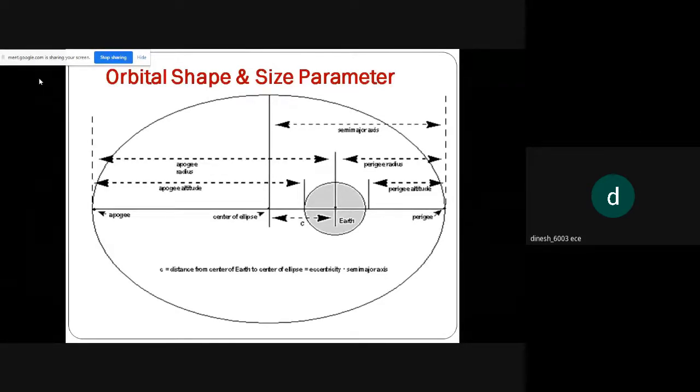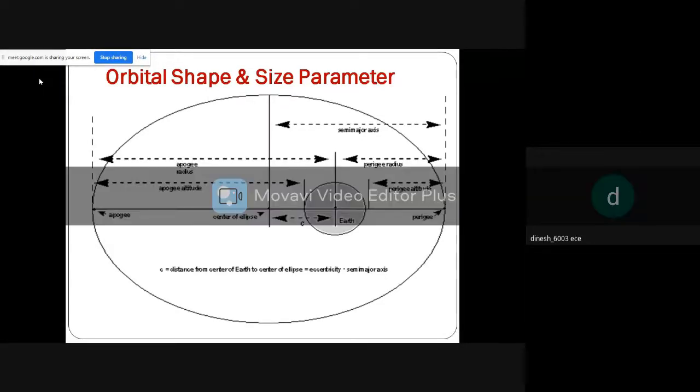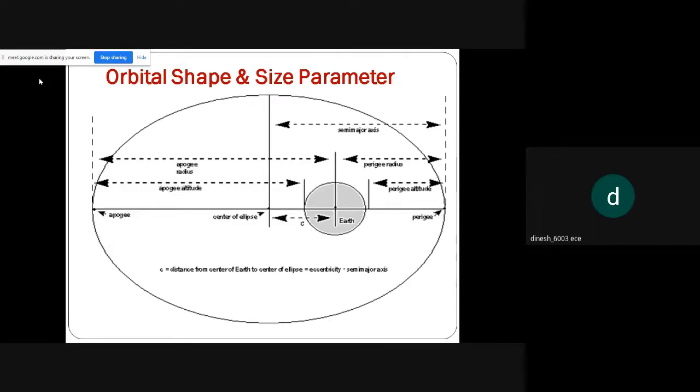So in any direction, the apogee may come, and in any direction, perigee may also come for a specific satellite. So that I wanted you to understand. There, perigee on the left side and apogee on the right; here, perigee on the right side and apogee on the left. Okay, so this is the diagram.